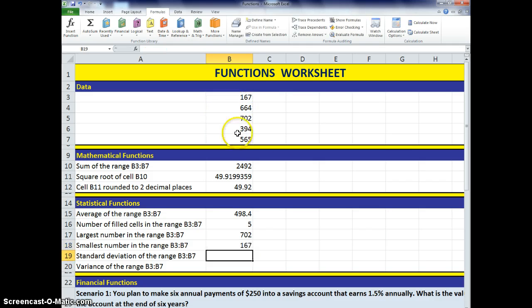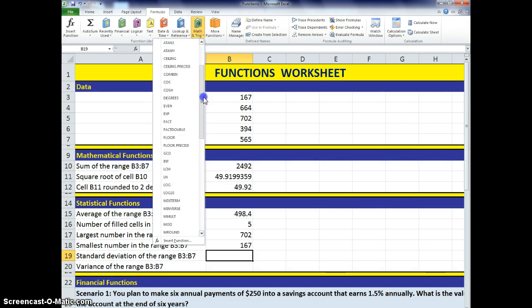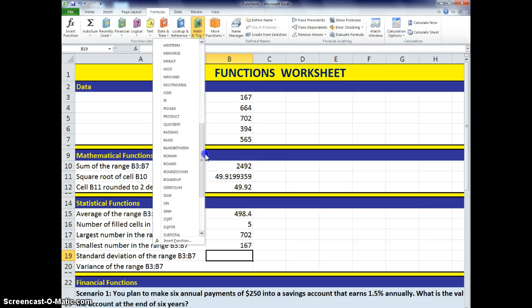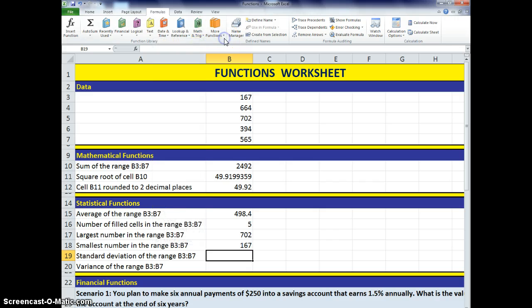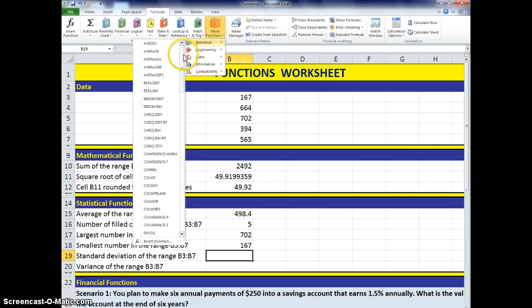Got it. Standard deviation. You'll have that if you take statistics in the future. That's math and trig. I do believe if we don't see it, it's going to be under more functions. It's not there, so let's jump over to the next one. More functions. Statistical. Of course, I said you'd see it in statistics.